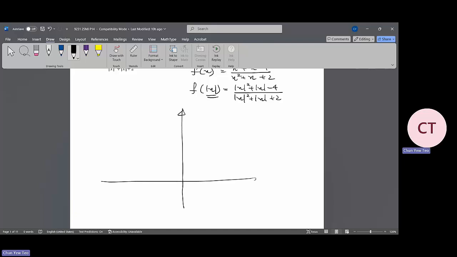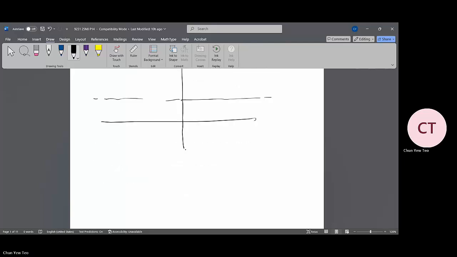Your original graph is like this: negative 1, negative 2, negative 17 over 7. This is negative half.